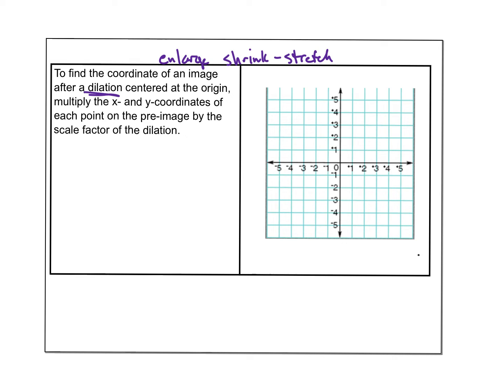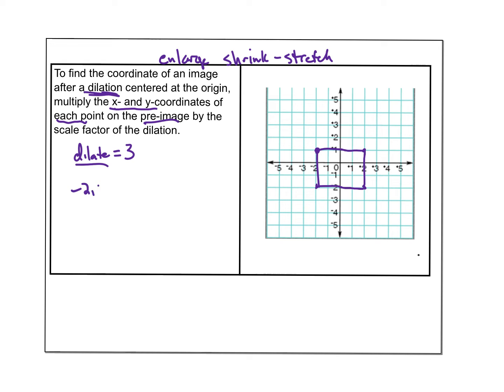So if I've got something like this, we got this rectangle here, and this would be my pre-image. Now, if I wanted to dilate that, all I'm going to do is multiply the x-y coordinates of each point. So if I wanted to dilate by a factor of 3, then all I would do is take each point and multiply it by 3.